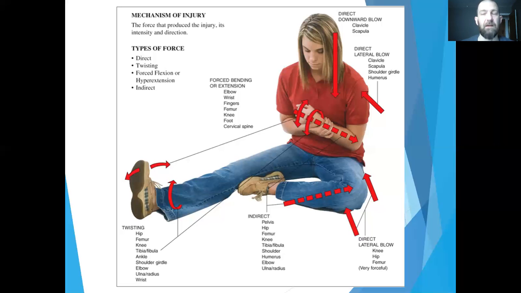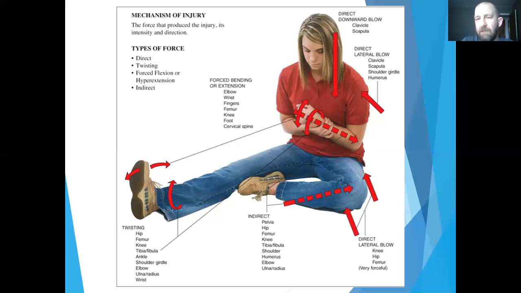Hyperextension would be back like that with the neck, and hyperflexion would be down. If you push on your head, you can feel how it starts to get uncomfortable back here in your neck. So if you can imagine a lot of force applied that way, that's how we can get those hyperflexion injuries.